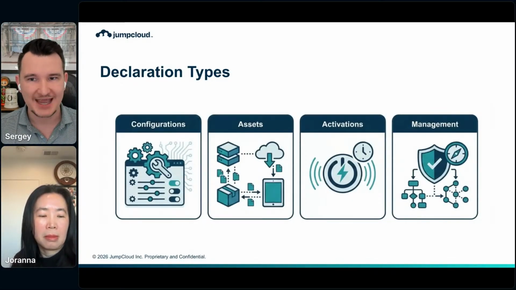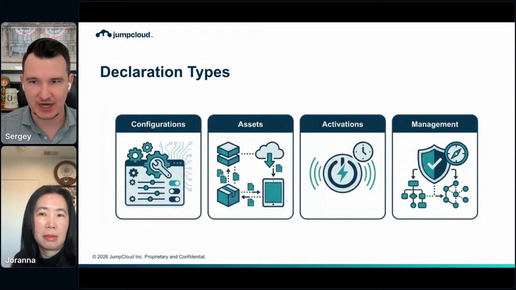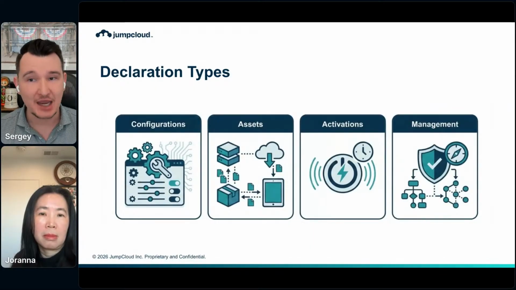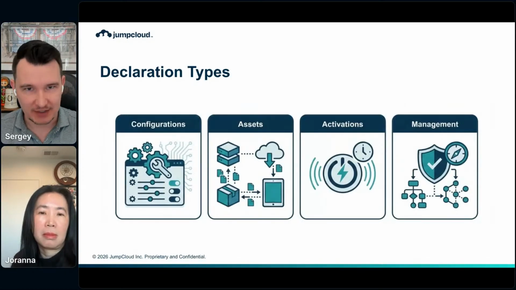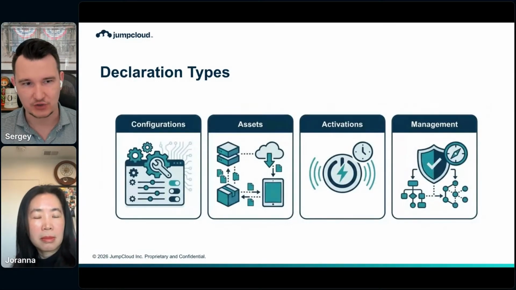An asset is the next type of declaration. An asset typically represents a reference to some additional or auxiliary data needed for that first declaration, the configuration. It can be a shared item of large information. For example, imagine something like a user certificate that you can now reference with multiple different configurations.